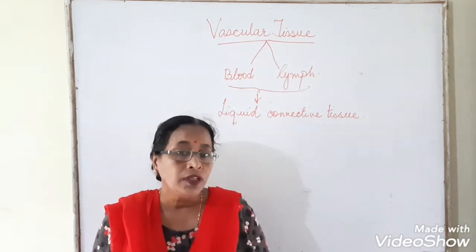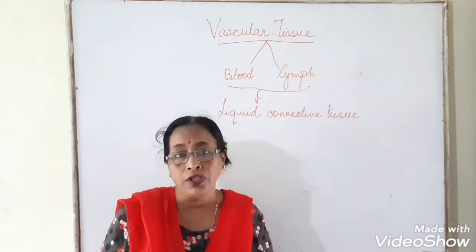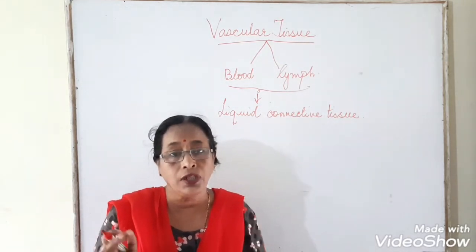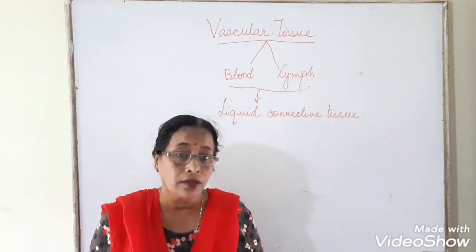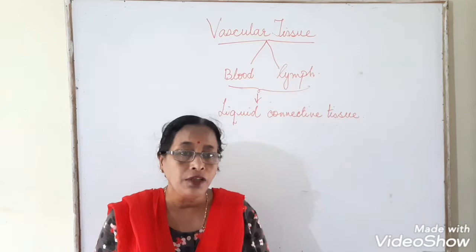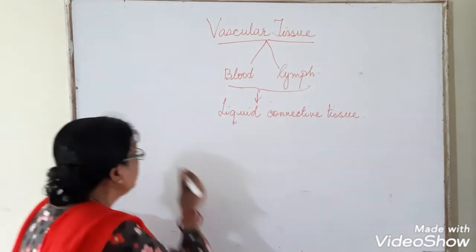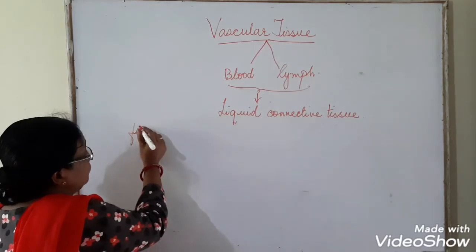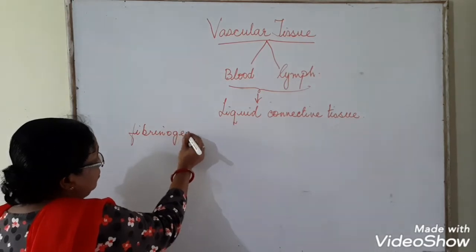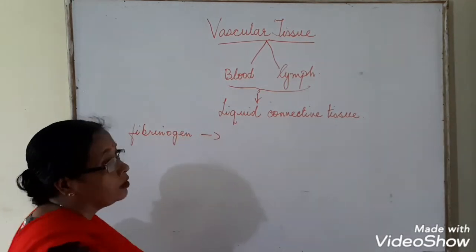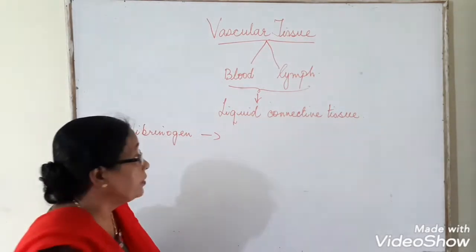The matrix of the liquid connective tissue, that is blood, is in a liquid state, that is, in a flowing state, and it forms the main transport system in the animal. It does not contain any fiber but it contains fibrinogen, which helps in the coagulation of the blood, that is, the clotting of the blood.